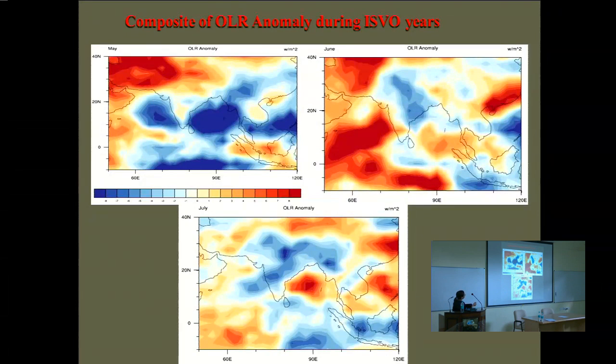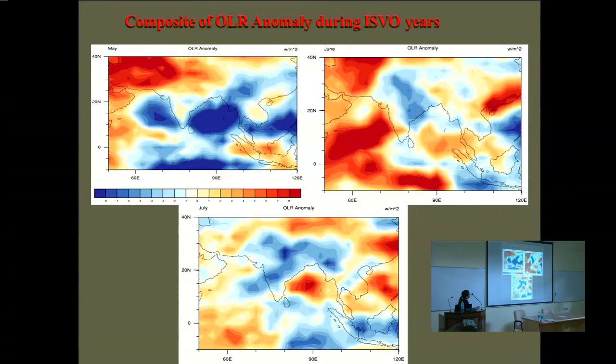Negative OLR anomalies indicate enhanced convective regions, and you can see positive OLR anomaly over this region, so it shows a region of suppressed convection. This is for the month of May, and you can see during June positive OLR anomaly over Arabian Sea.